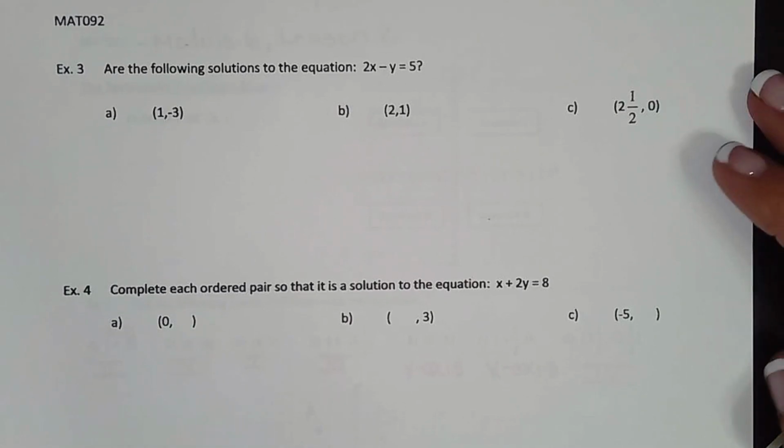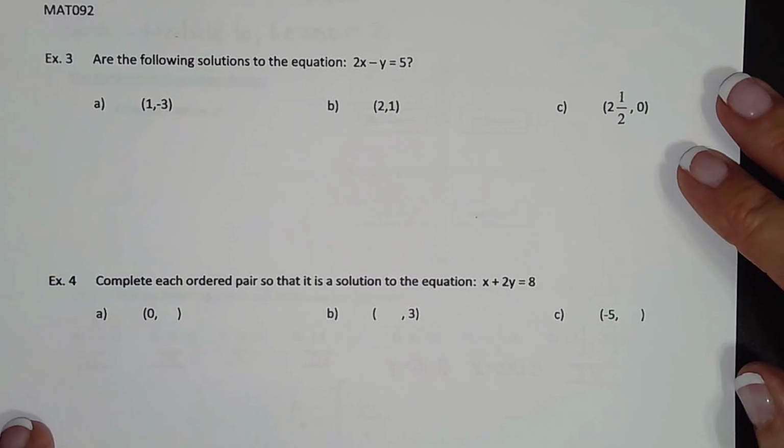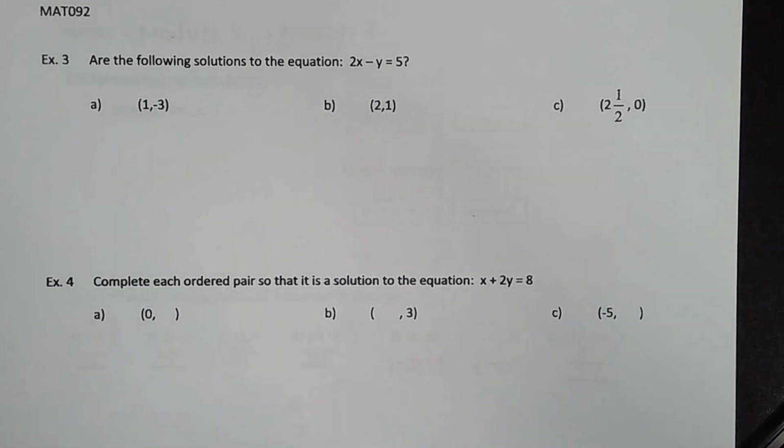are the following solutions to the equation. And we learned in chapter 5 or module 5, solutions mean, do they make the equation true? That was the definition of a solution. Value of the variable that makes the equation true.